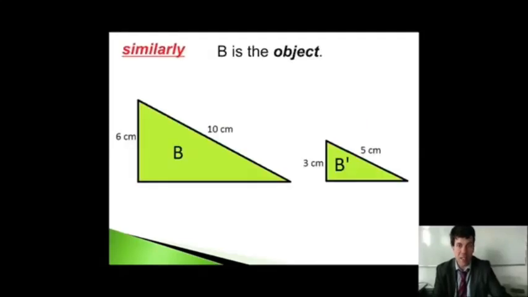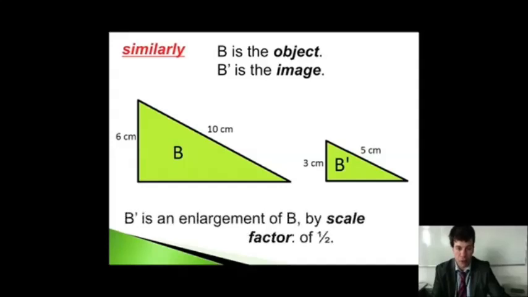Similarly, B is the object and B prime is the image. Each side is scaled down by 2, or if you like, the image is of scale factor 1/2 compared to the object. The scale factor is 1/2, B prime is an enlargement of B.